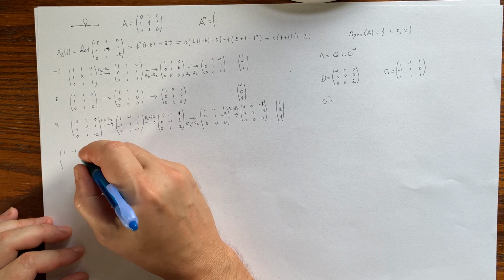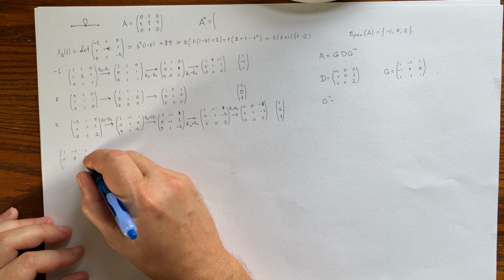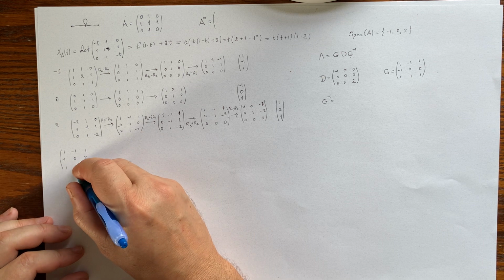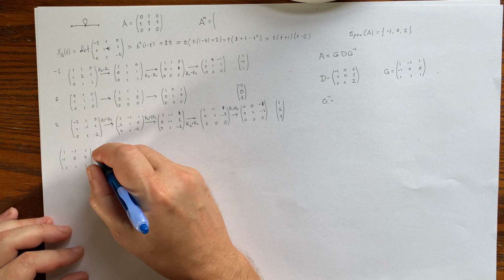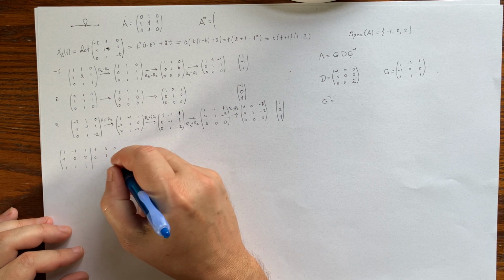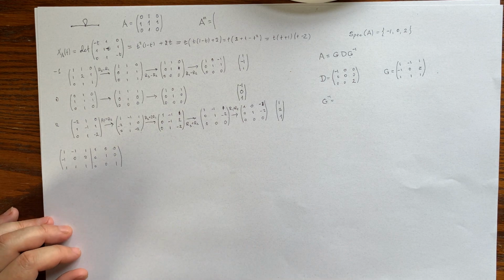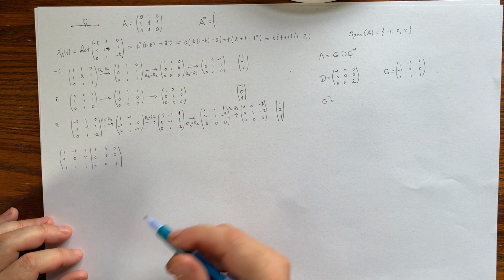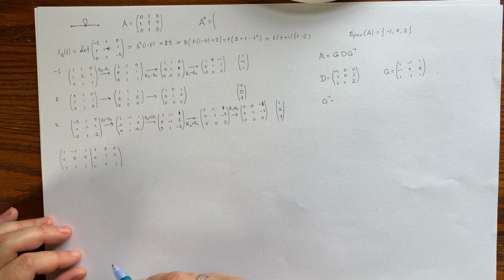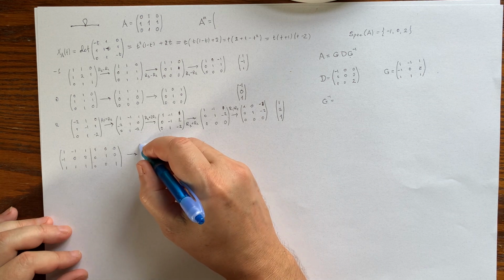So we do it by Gauss elimination of the matrix extended by the identity matrix. And we can start by clearing the first column.